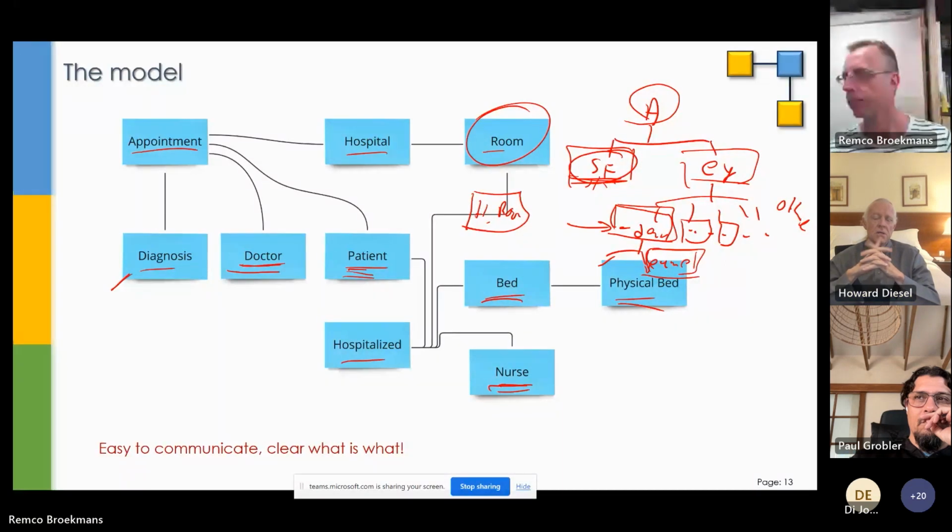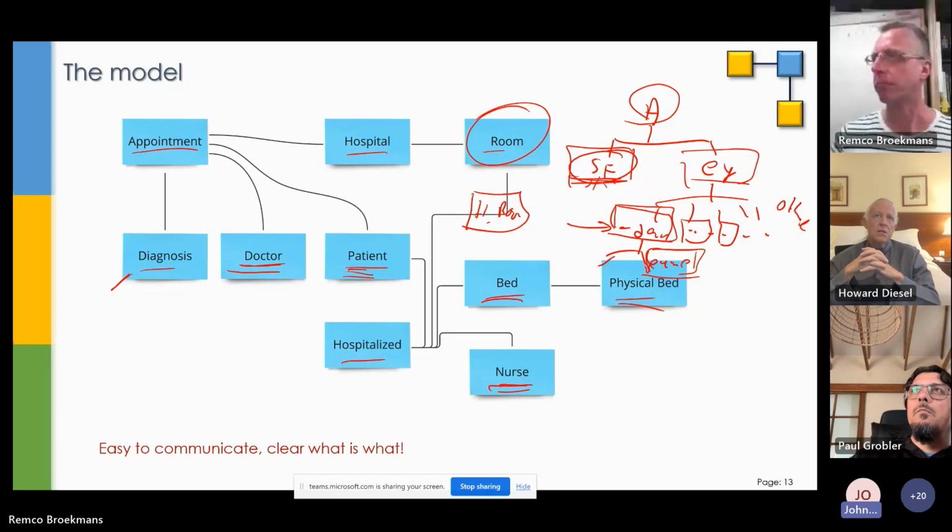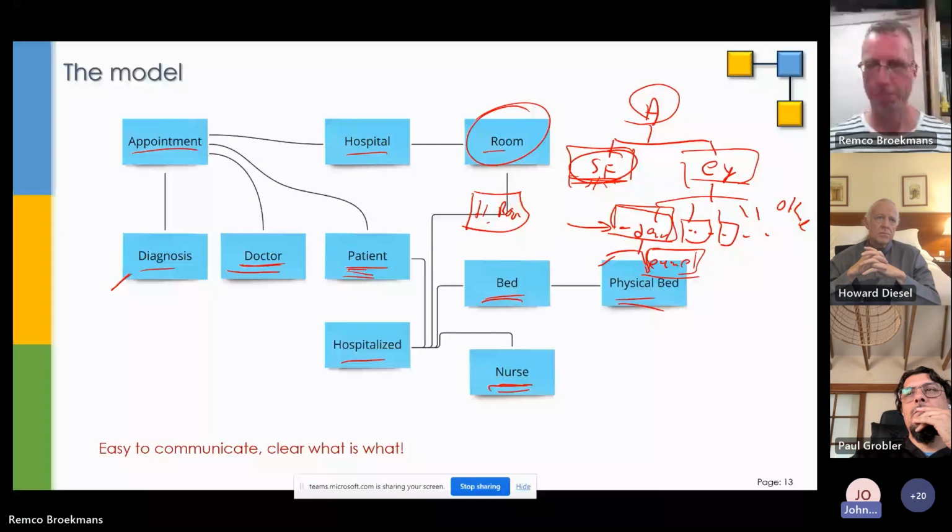Thanks, Howard. Remco's got it right. It's all about finding the balance between the level of abstraction and how deep your instances show up. I would model these concepts in blue slightly differently, but like you say, the Q6 model is all about separation of concerns. So, for example, doctor, patient, and nurse are roles, as you diagrammed earlier.